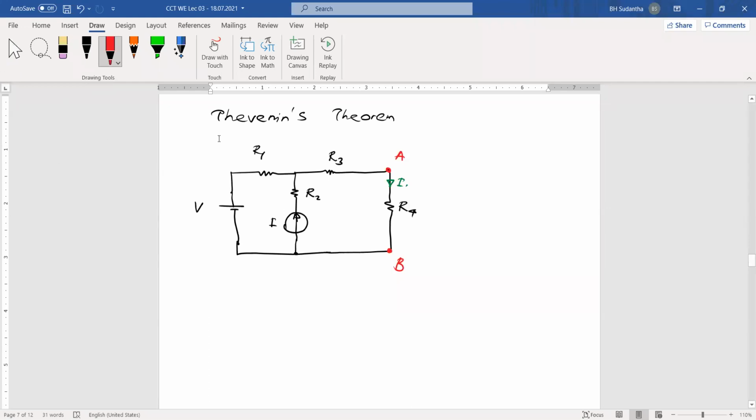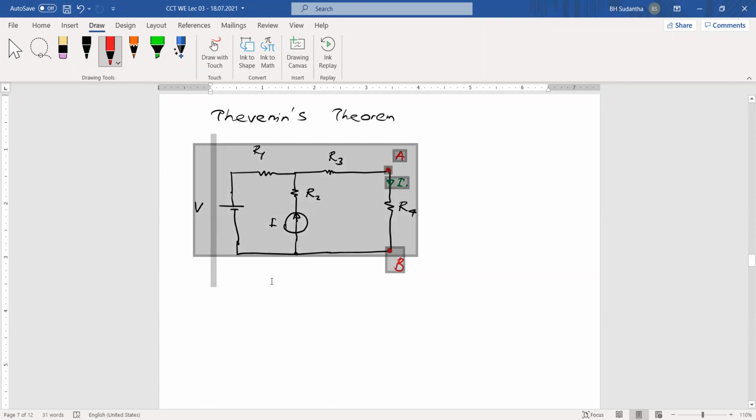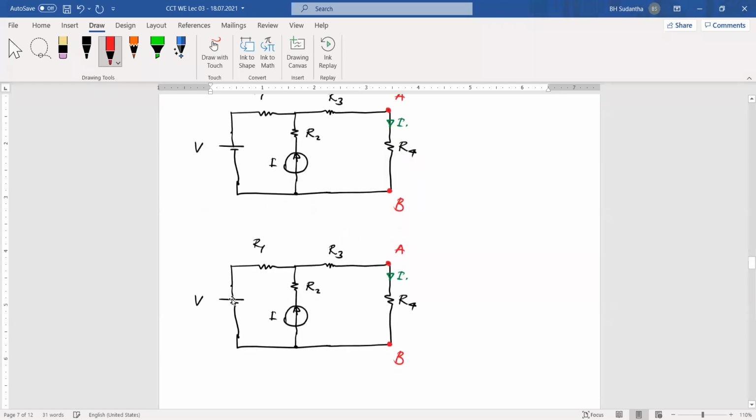Then after that, the balance of the circuit, this one. Then we are going to remove this component. After removing that, this is the circuit we have.